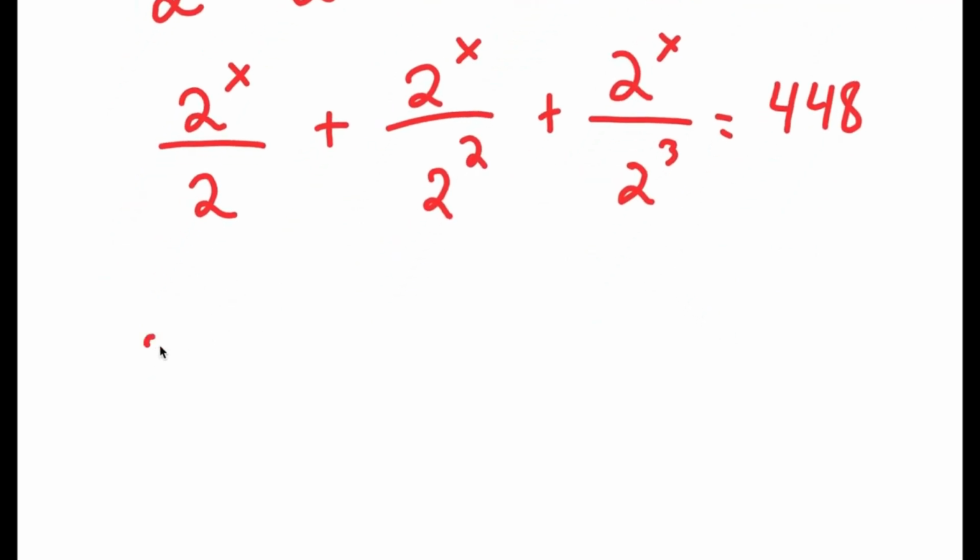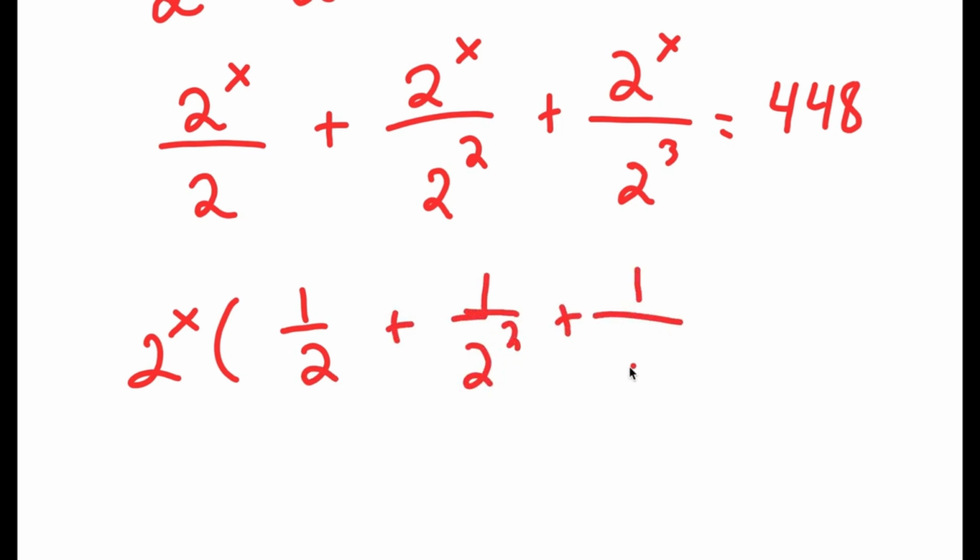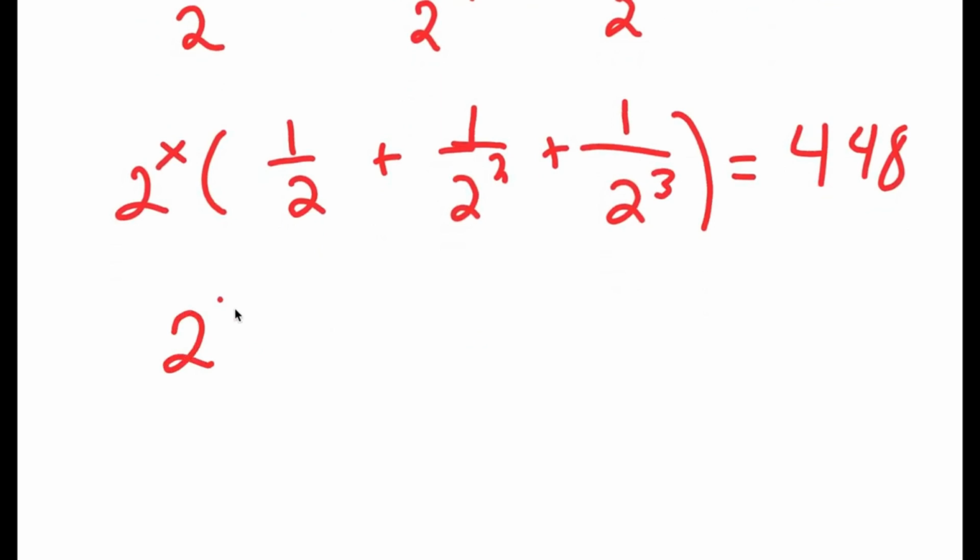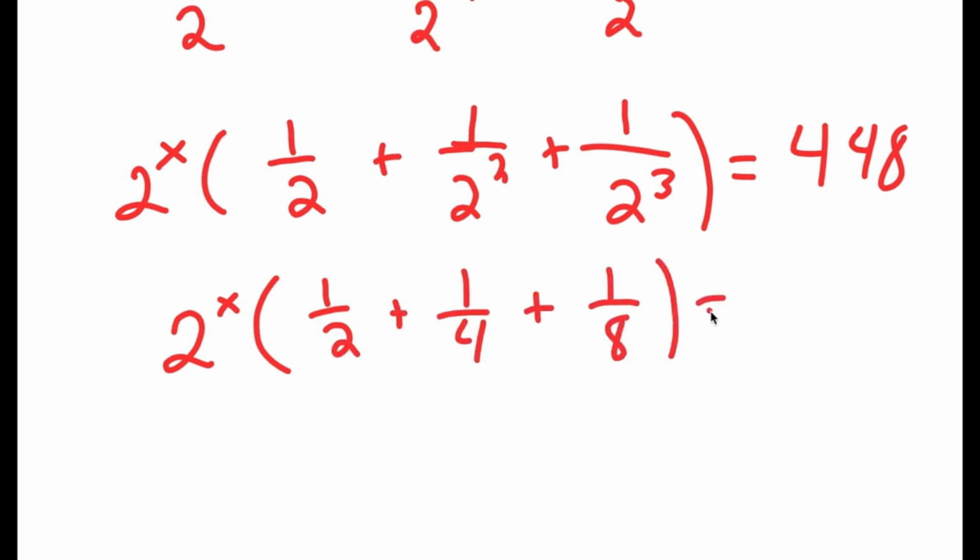Now if I factor out 2 to the power of x, I get 2 to the power of x times 1 over 2 plus 1 over 2 squared plus 1 over 2 to the power of 3. This is equal to 448. Now this is equal to 1/2 plus 1 over 4 plus 1 over 8.